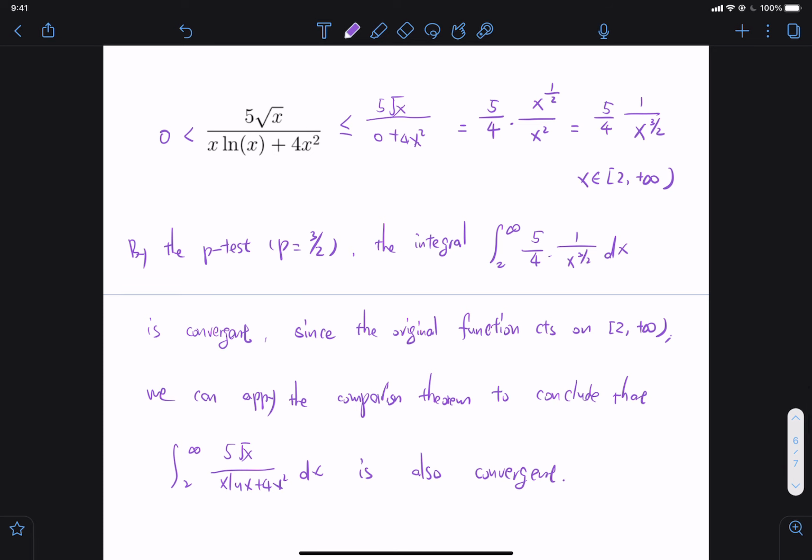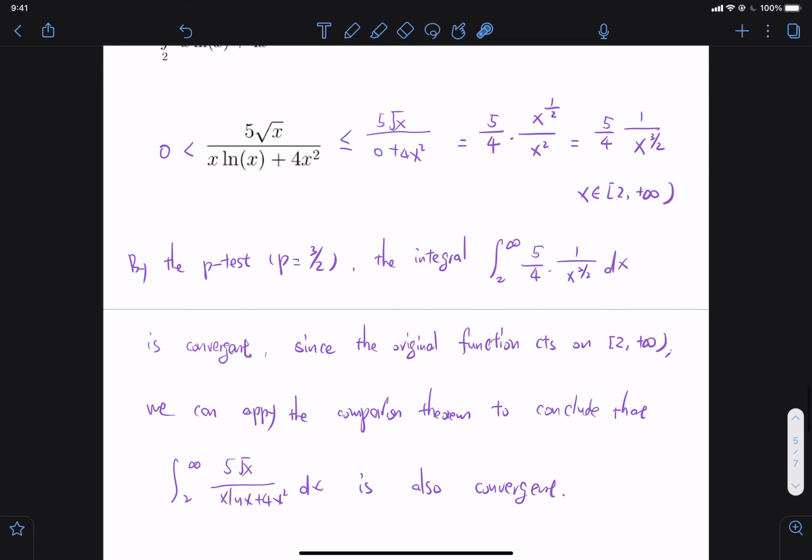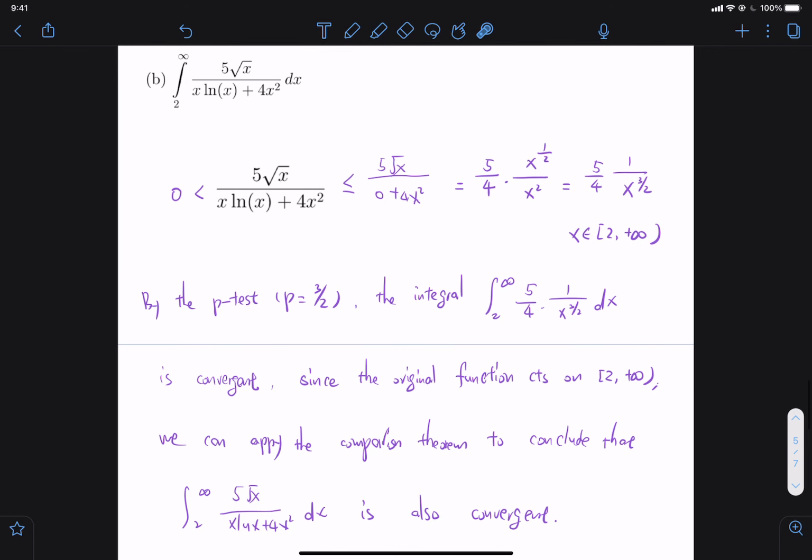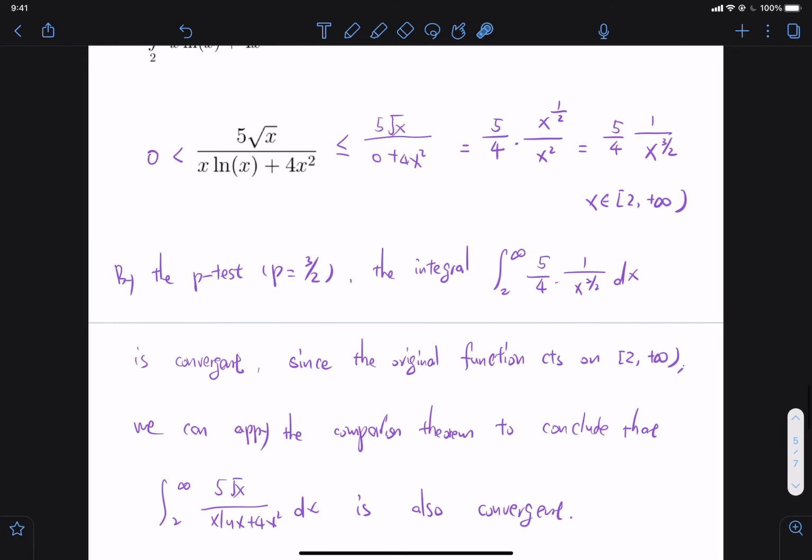So basically, same as the previous question. You find a comparison function, the original function is less than that comparison function, and it's convergent. The thing that we need to pay attention to is we always need to have the condition that the original function is continuous on that interval. So just a routine to do, but that is important.